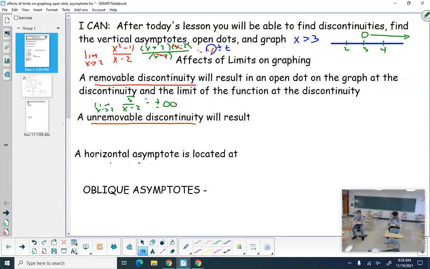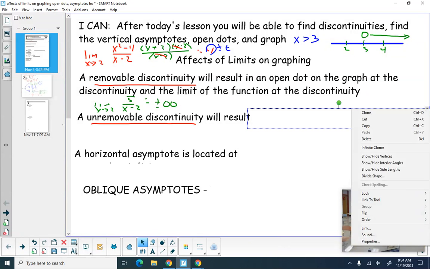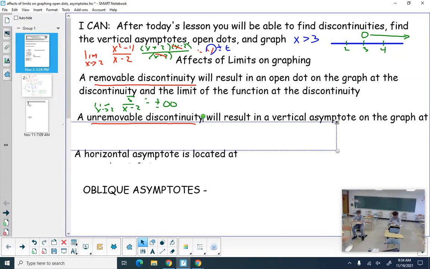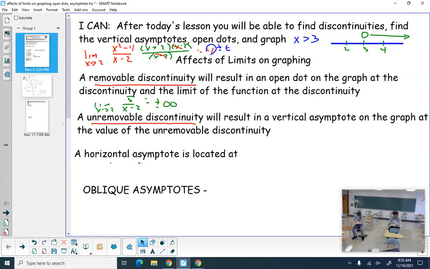So we're approaching our infinities. What occurs there? A vertical asymptote. We will have a vertical asymptote on the graph at the value of the unremovable discontinuity.